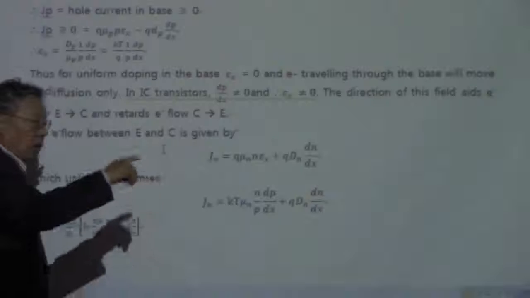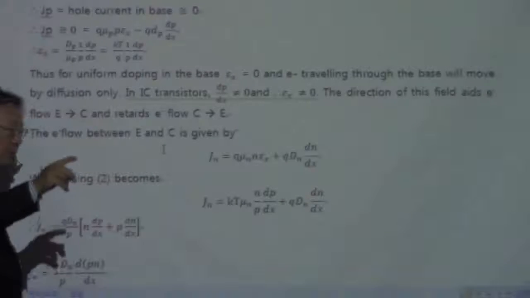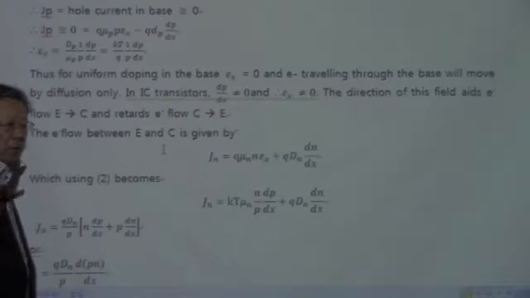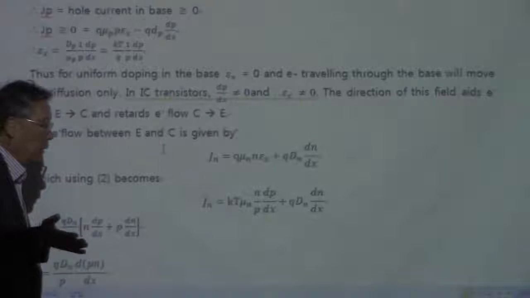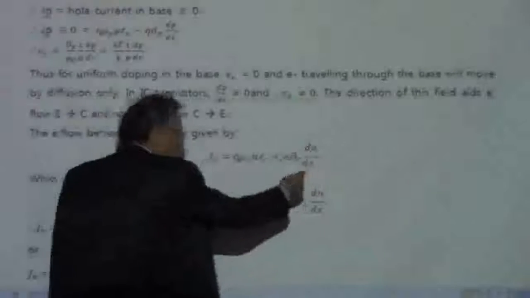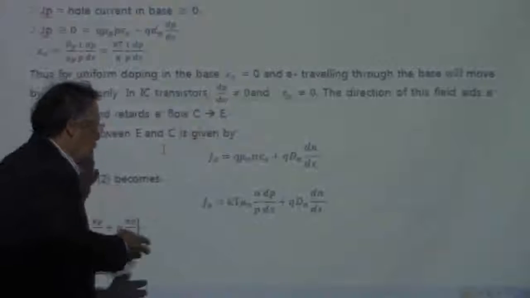diffusion current from Fick's first law. The concentration gradient of electrons between the emitter and the base is huge, because the emitter is implanted N plus and the base is p-type, so the electron is a minority carrier in the p region, and the concentration gradient across the emitter and base is going to be huge.